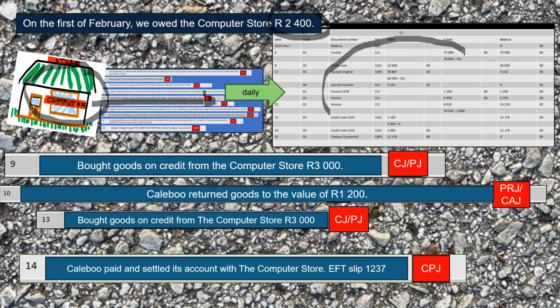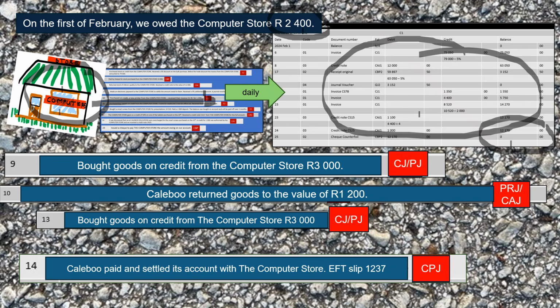We kept a record in the creditors ledger, accounts payable, of the computer store. And if you went to this ledger and to this account, you would see all these documents that we received from the computer store, or credit transactions with the computer store, would have been recorded in this creditors ledger, in the account of the computer store.